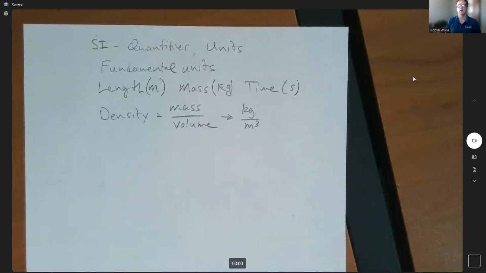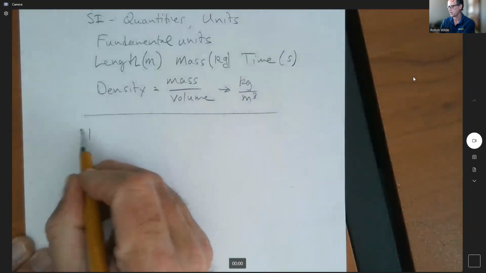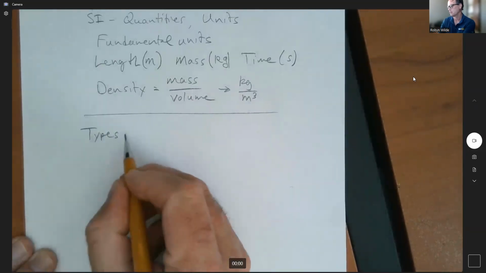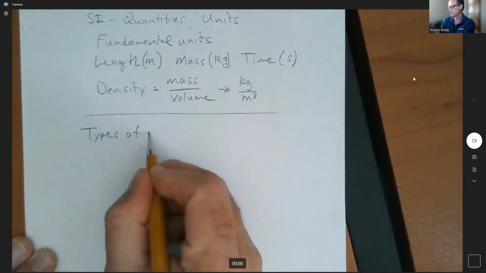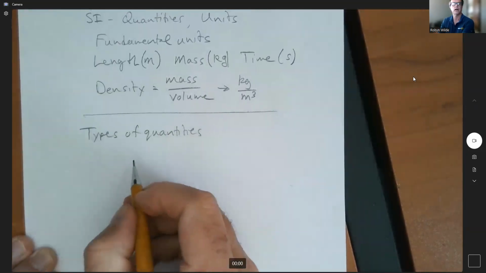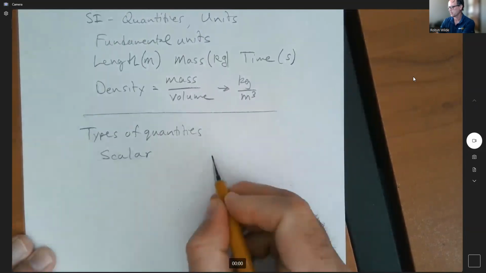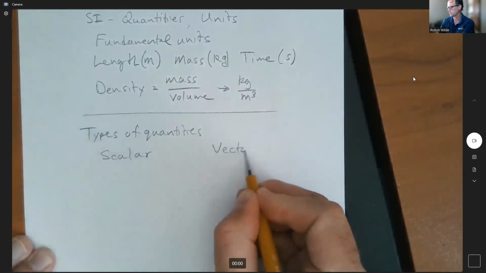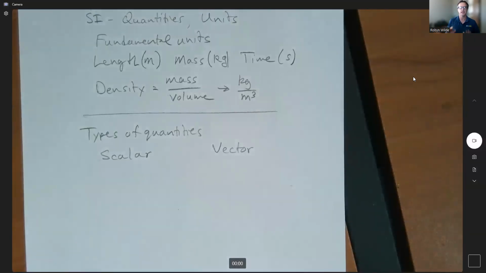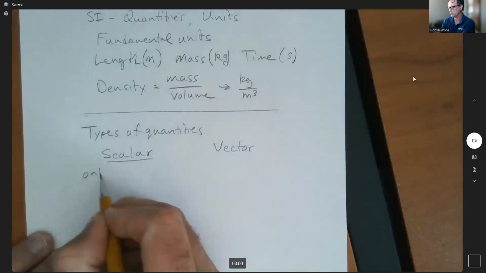Now, there are a couple of different types of quantities I wanted to point out. In fact, there are 2 of them that we are going to deal with. And those 2 types are scalars and vectors, right? Or scalar and vector quantities. Now, scalar quantities have only a magnitude.